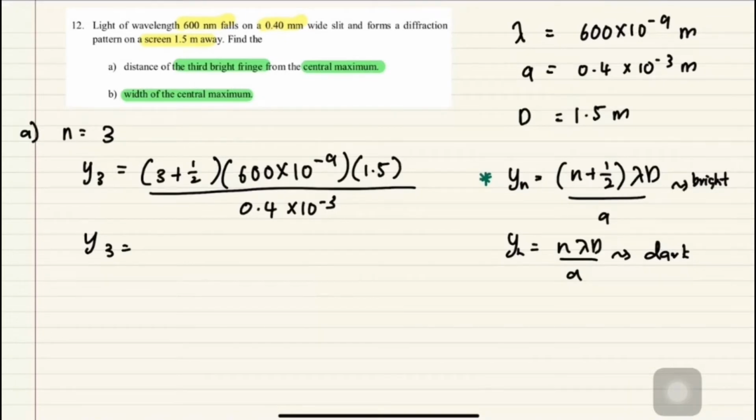Okay, very good. 7.88 times 10 to the power of -3. Okay, biar je jawapan situ.